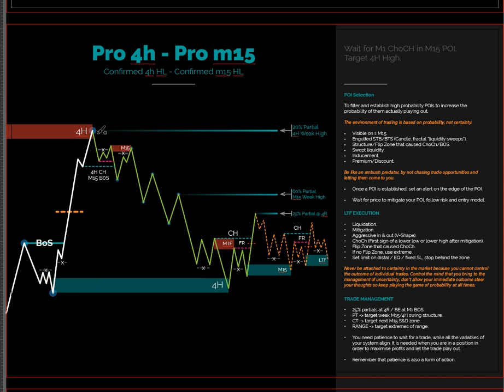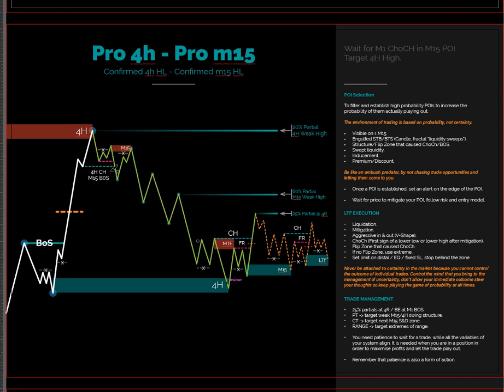From that point we would monitor the M15 and watch the M15 coming down and tapping into that 4-hour zone. Cool, all is good and well.